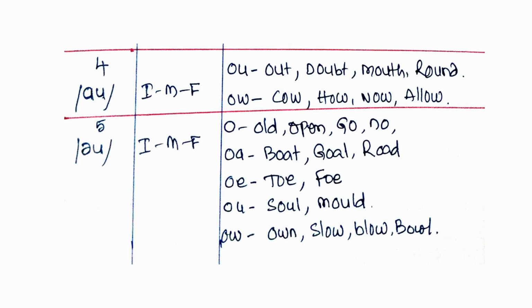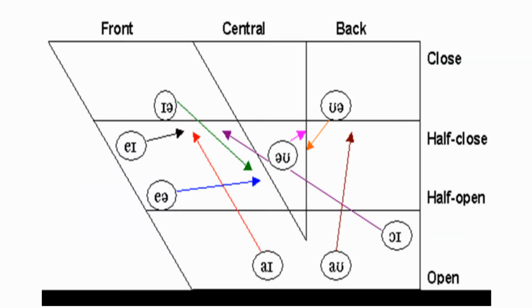Let's move on to the next diphthong in the second cluster, which is gliding towards u. That is ow, the small pink arrow. The gliding is from a centralized vowel to a back vowel, u.